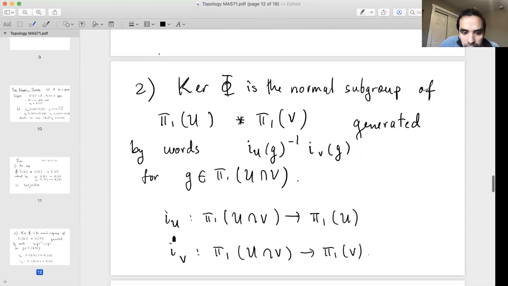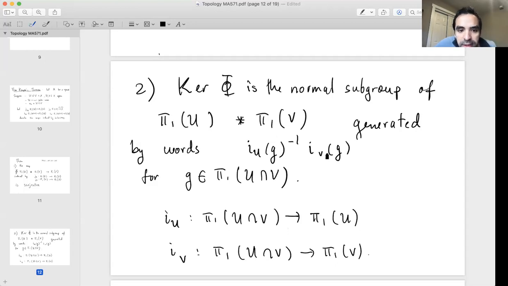So recall i_U and i_V mean that they come from the intersection, right? i_U(g) means that it's a loop coming from the intersection, a homotopy class of loop in U. And i_V, similarly, a homotopy class of loop in V coming from the intersection.